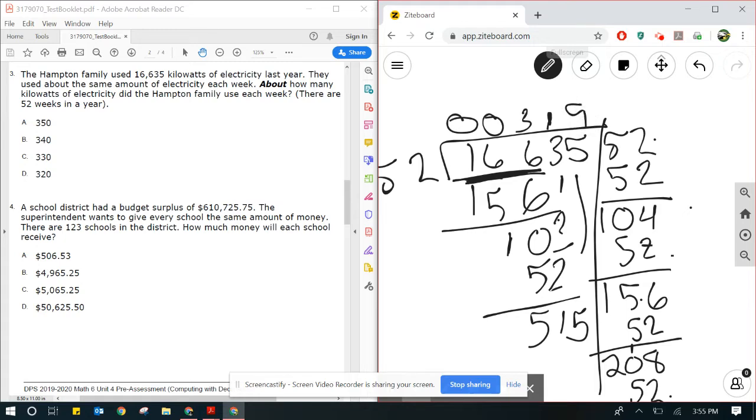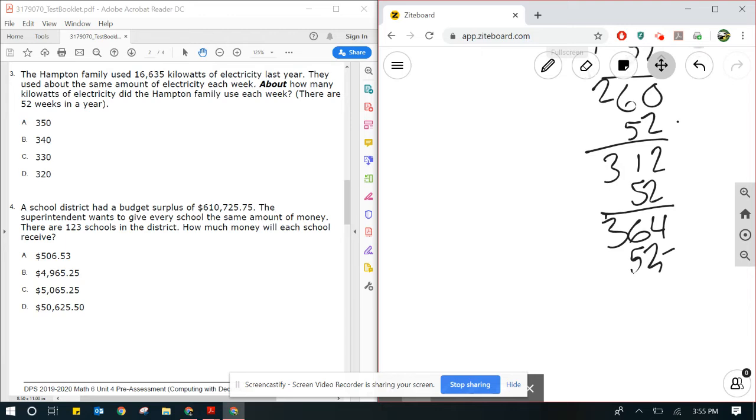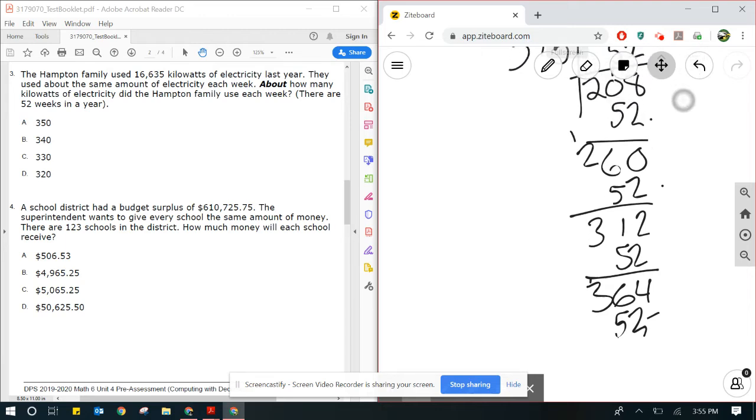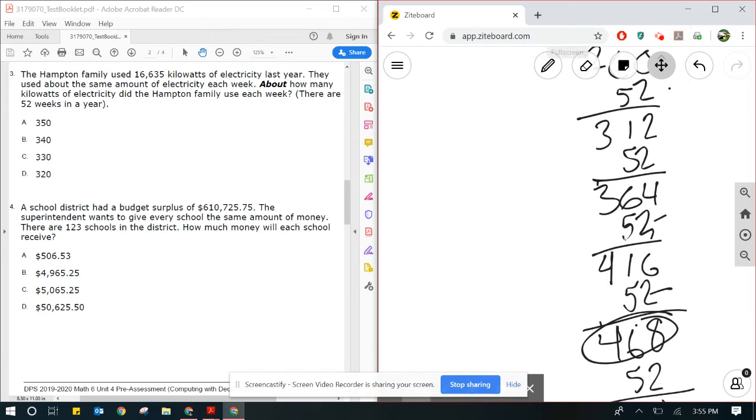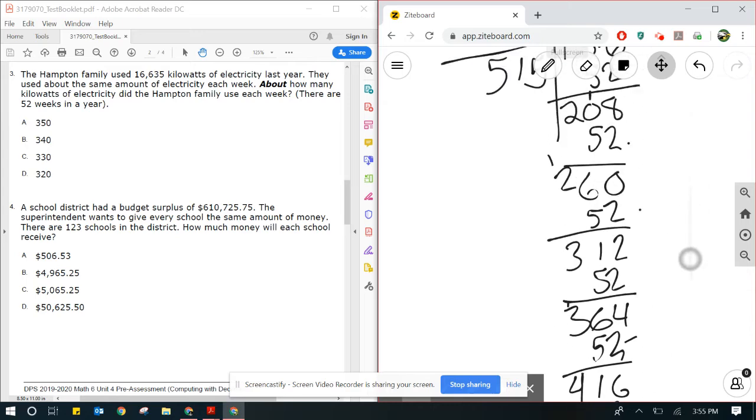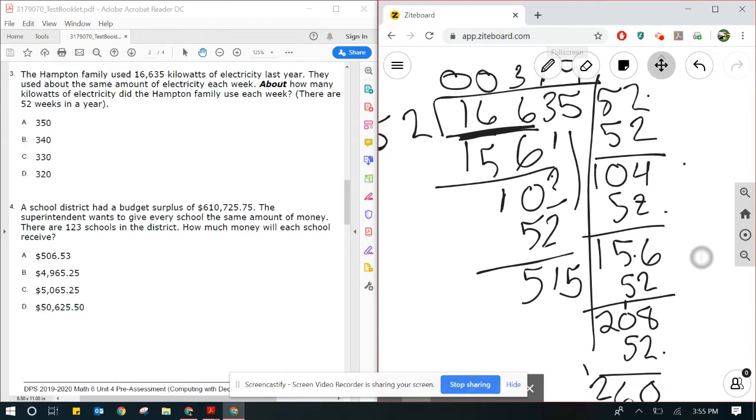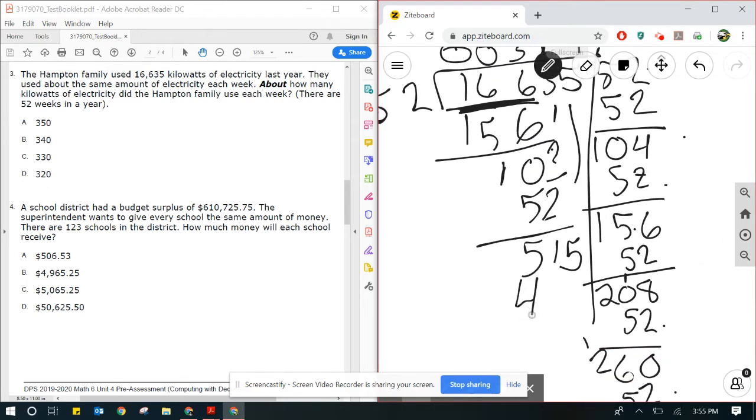9 times 52 was 468. So this was 468, and my remainder now is 0, 1, 4. This is going to be 10 minus 6 is 4, and 15 minus 8 is 7.